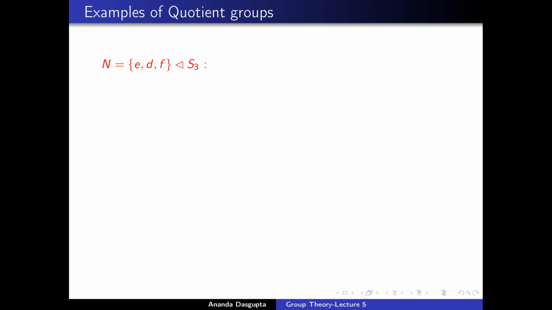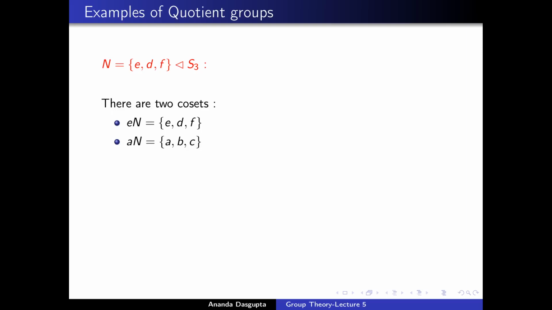Now for this, what are the elements of S3 quotient N? The elements are simply the two cosets. Why 2? Remember, the number of distinct cosets a particular subgroup has for a finite group is simply the order of the group, in this case 6, divided by the order of the subgroup, in this case 3. So there are just two cosets which can be labeled as EN and AN.